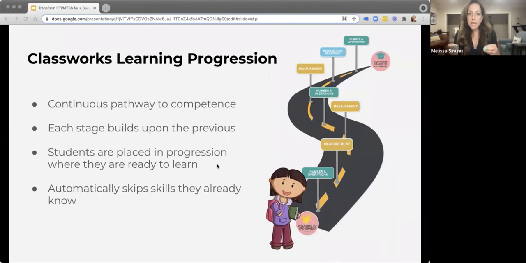Every incremental stage builds on the previous one as students acquire new levels of expertise along each successive step in the progression. The benefit of this in an RTI process is that every student is automatically placed in the exact skill they are ready to learn within the progression.